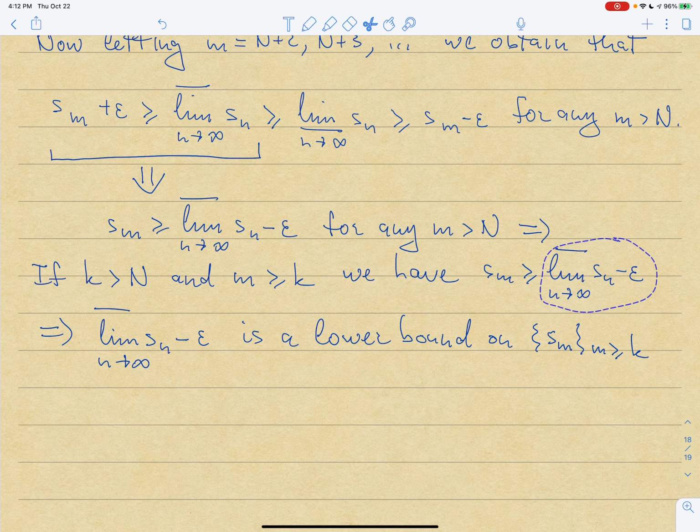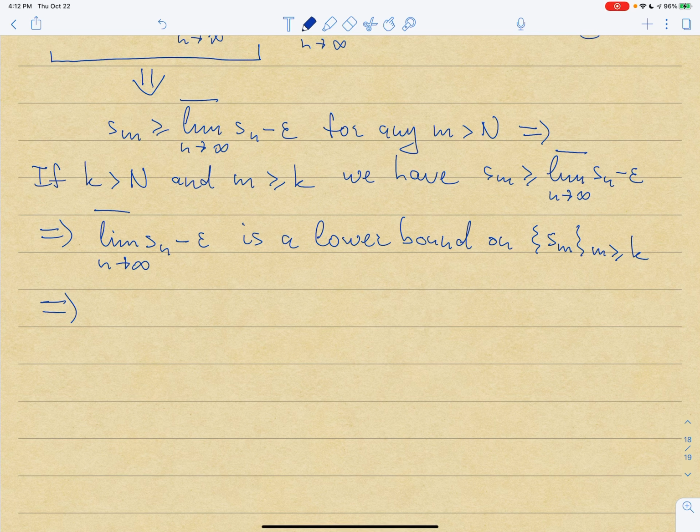Because epsilon is fixed, and lim sup of my sequence is a number. So this thing is a lower bound on that set, and if it is a lower bound, then the infimum of the set, as the greatest lower bound, must be greater or equal to that lower bound, and so if I take the limit, well, no, hold on. If I take the, what was I going to do here?